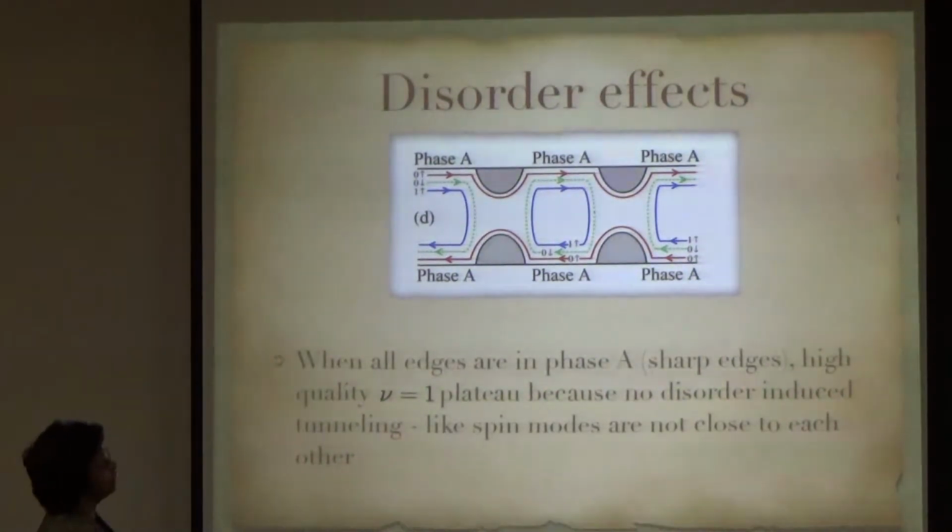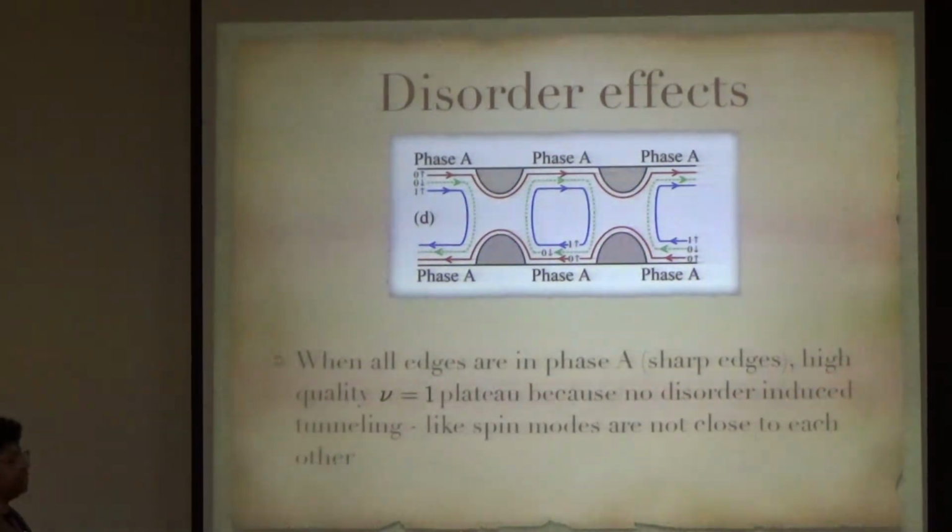One can also look for disorder effects. If you assume that disorder-induced tunneling happens only when two like spins are close to each other, because you don't want to have magnetic scattering, so only if they have the same spin will they scatter.